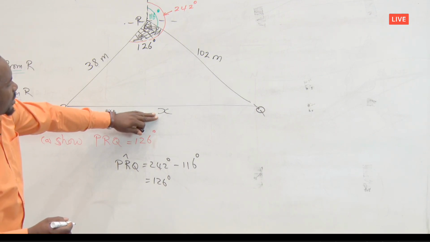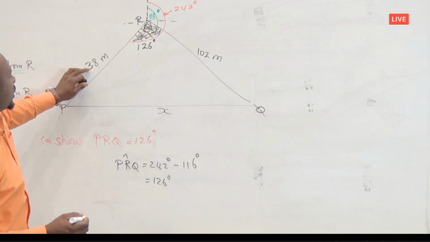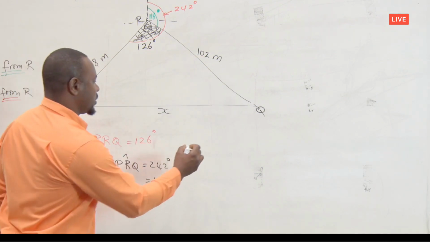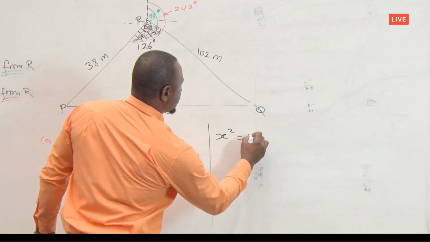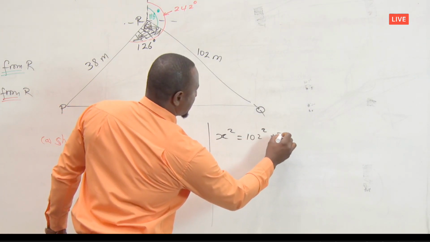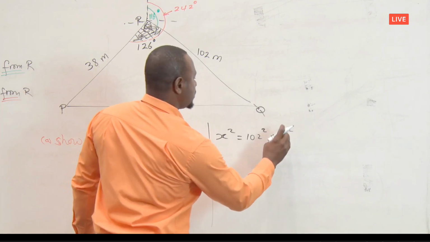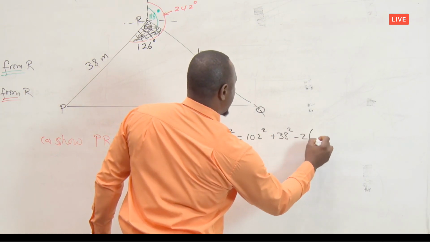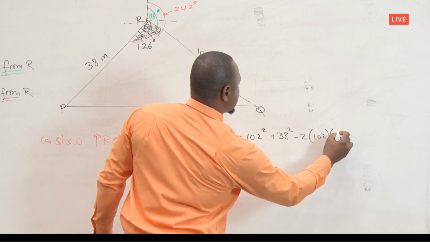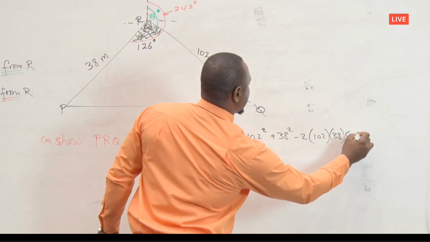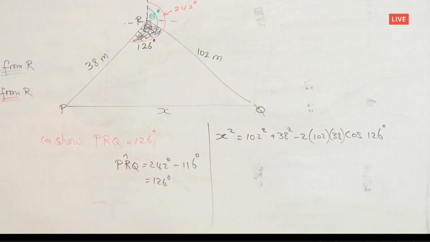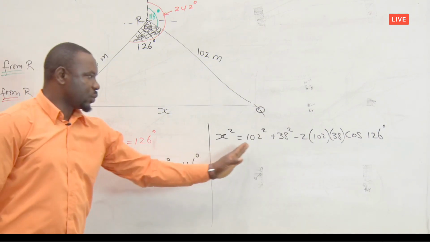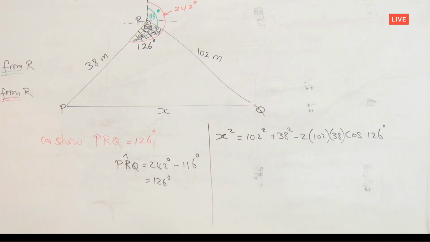This side, if we make it the subject, this side squared equals the sum of the other two sides squared. So x squared equals 102 squared plus 38 squared minus 2 bracket 102 bracket 38 cosine of 126 degrees. Okay? So you work this out, you get the specific values.